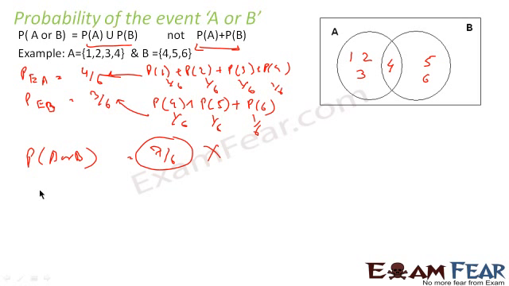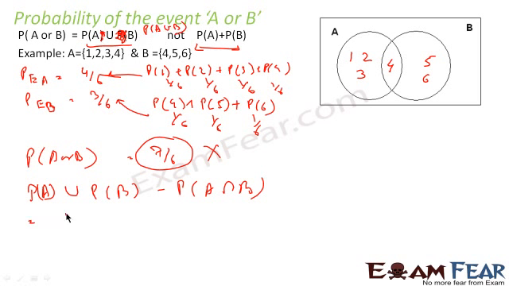So what I do now is, I say P of A union B is equal to P of A plus P of B minus P of A intersection B. This is the total P of A union B. Typo here, this is P of A union B. So P of A is 4 by 6 plus 3 by 6.